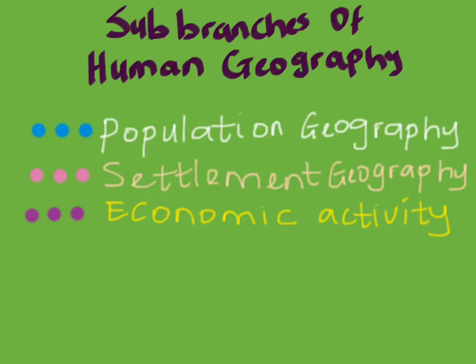The fifth, the last sub-branch of human geography is area study. Area study is the study of human and physical activities of a specific region.